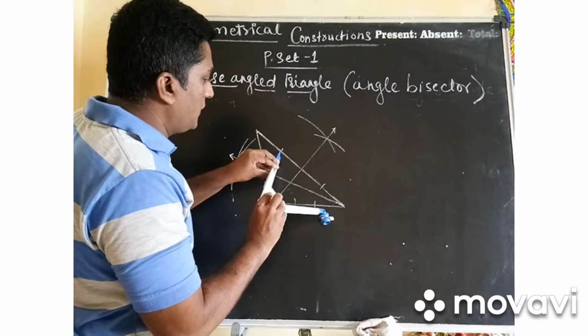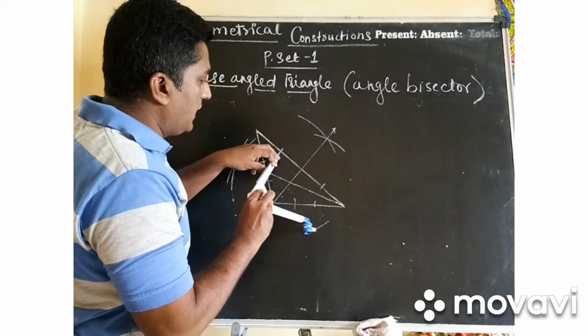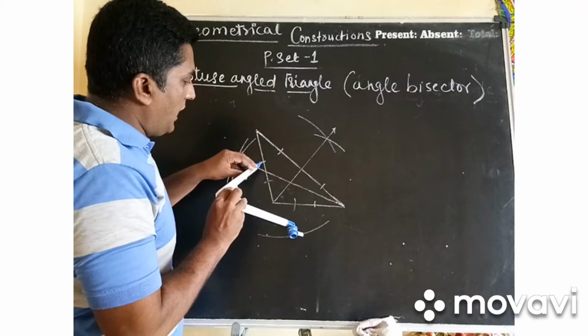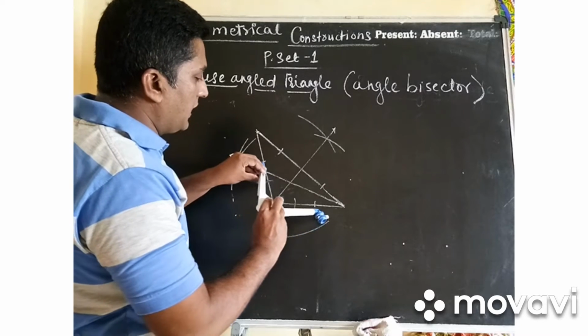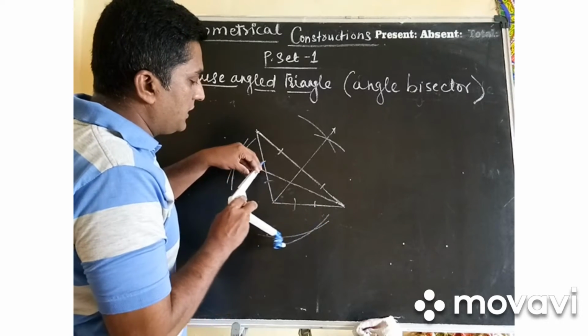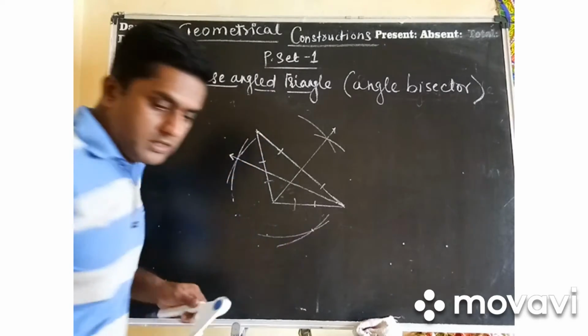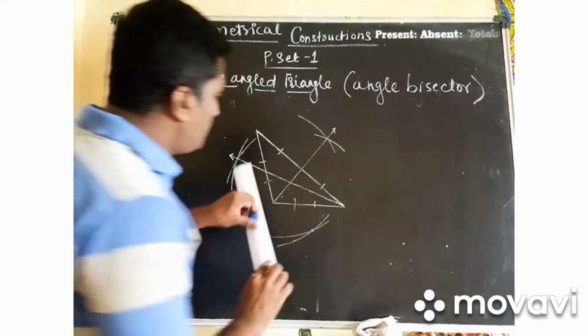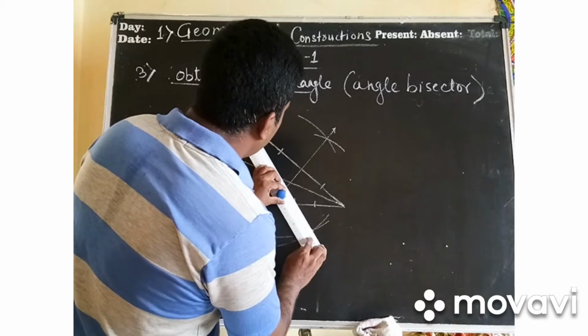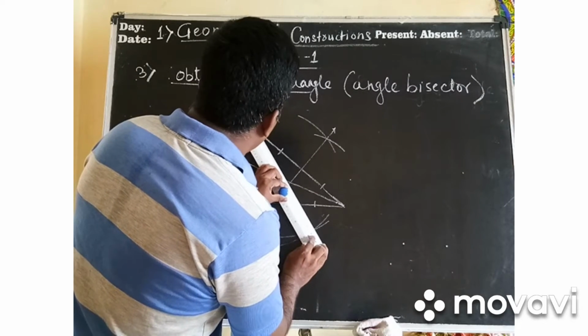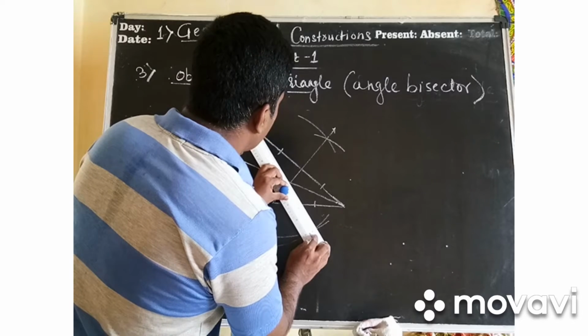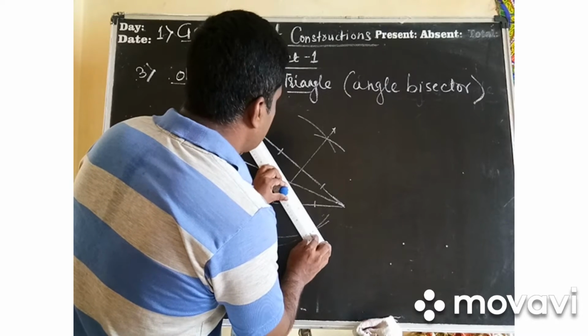See. So I am holding it here very finely and trying to make an arc here. And by holding it here very finely, again I am going to try to make an arc here. Right everybody? Hopefully your point comes somewhere here. Now let us see what happens. We have to connect this point this way.